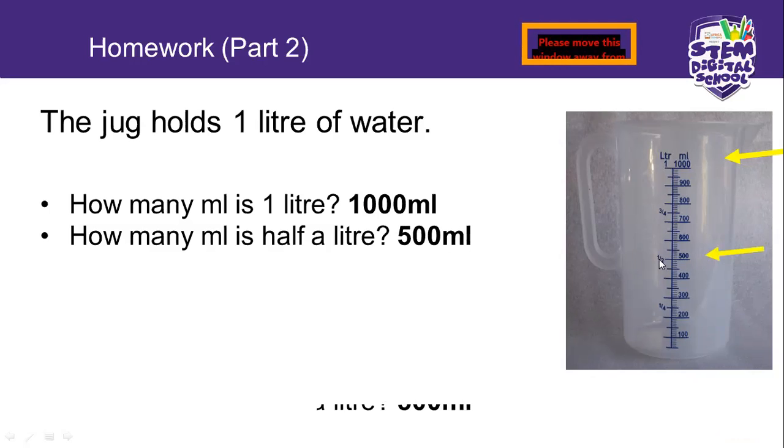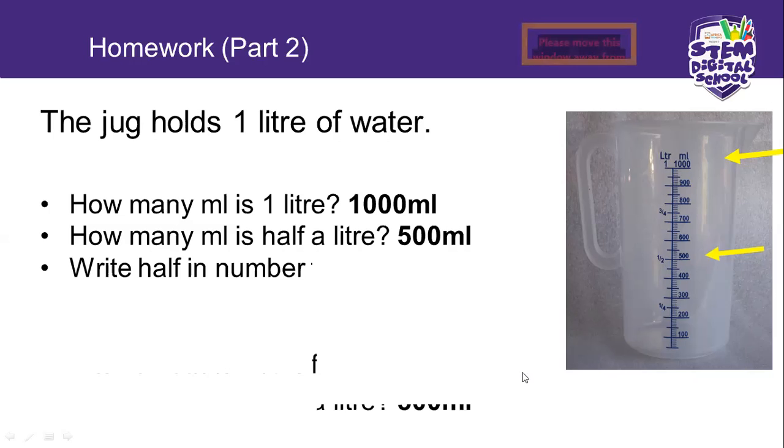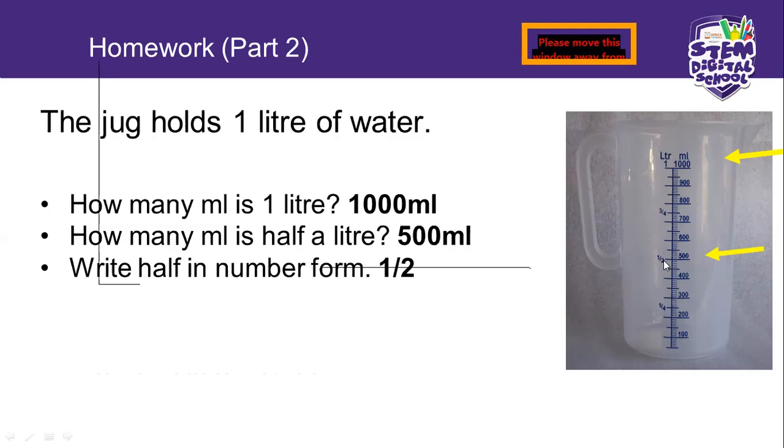There is your half mark, and there is also the mathematical way of writing half. 500 plus 500 gives you 1,000. Then they say write half in number form. There it is, 1/2, 1 part out of 2 parts.